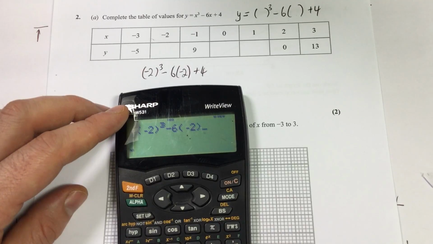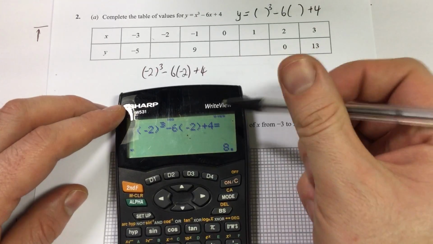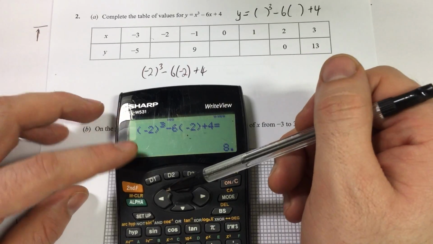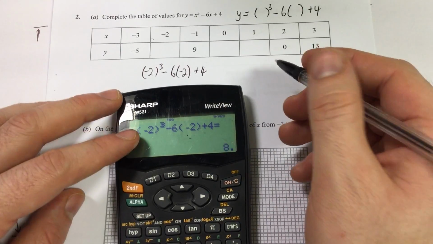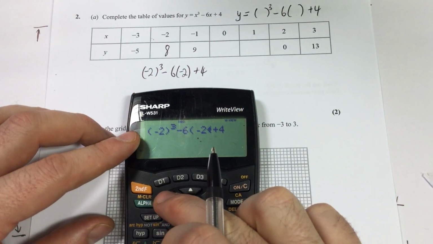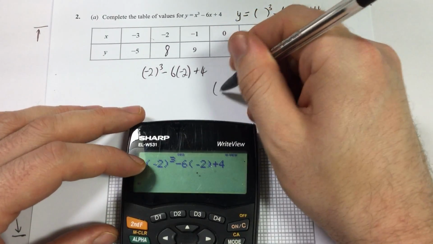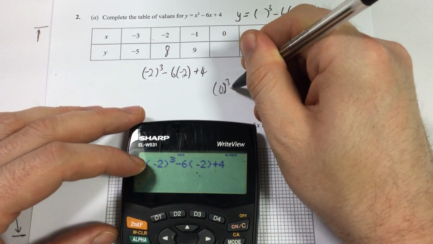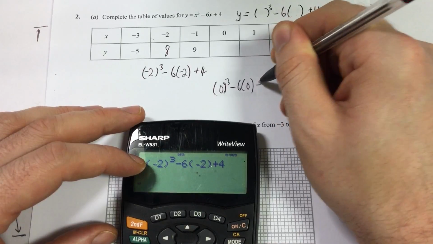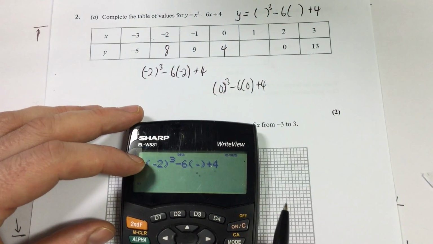If there is a problem with your calculation, it will say syntax error or something, and you can press the left button and edit your calculation. So it's 8. Next one, all I can do is go back and replace it with zeros. So this will be 0 cubed minus 6 times 0, add 4, which will be 4. But just to show you, you can just delete them out of here.